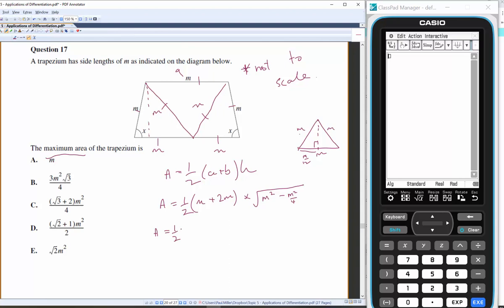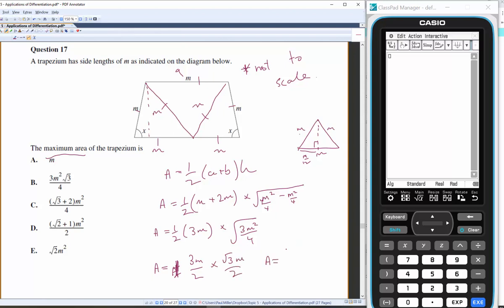So area equals half of 3m multiplied by, now I'm going to put that over 4 and over 4, and that's going to be the square root of 3m squared over 4. Area equals half, well, let's just write that as 3m on 2 multiplied by root 3m on 2.